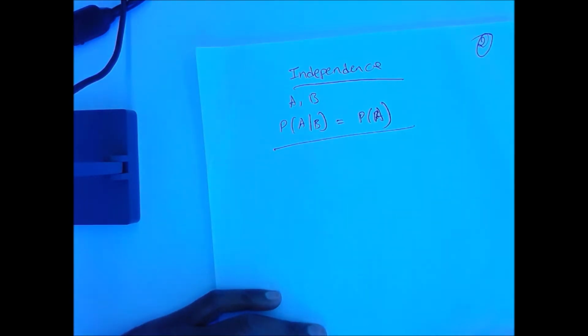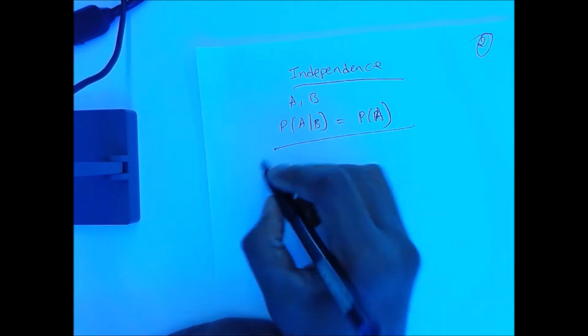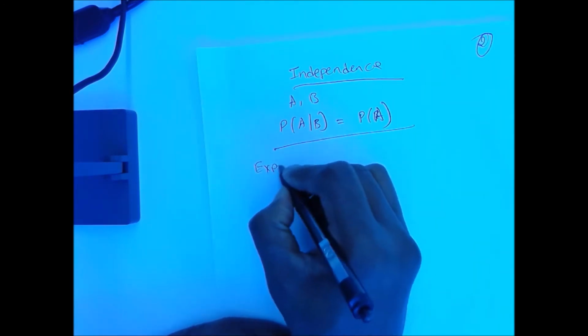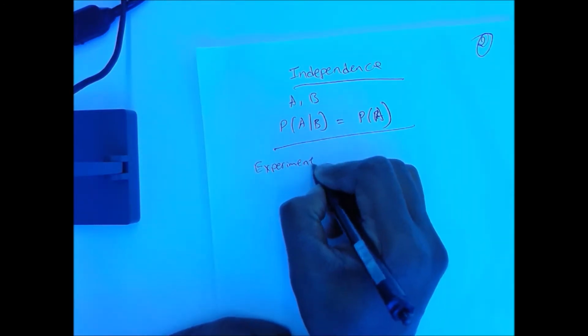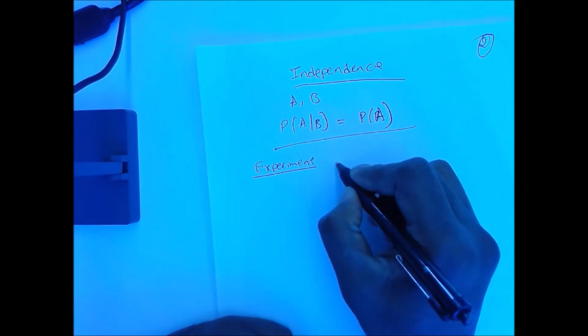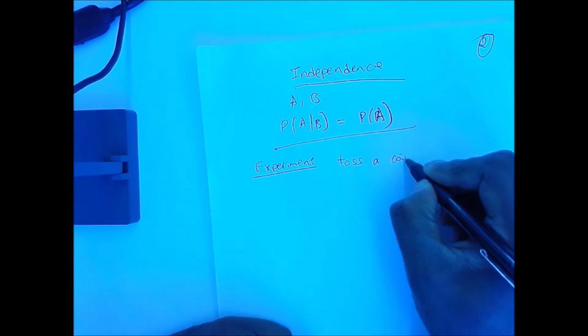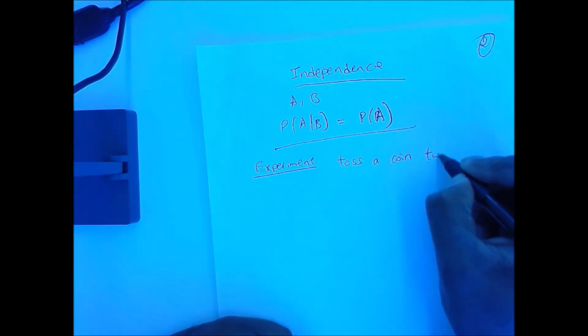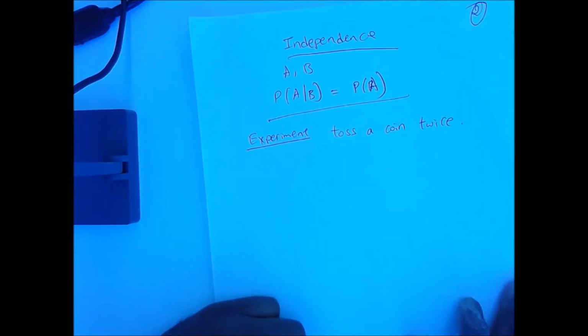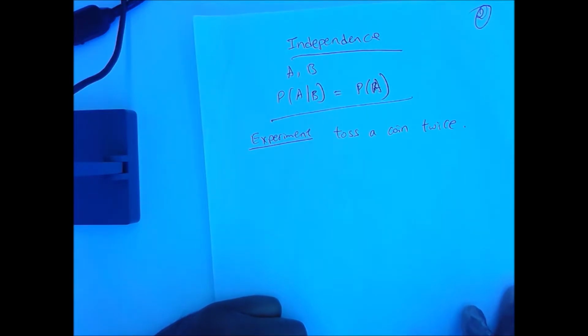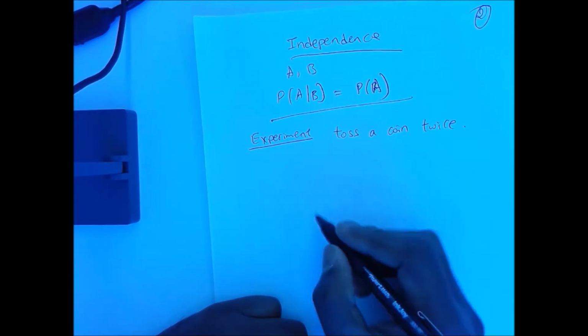Okay. So let's say there's an experiment where you toss a coin twice. How many outcomes are possible? 4, right? Then consider these two events.